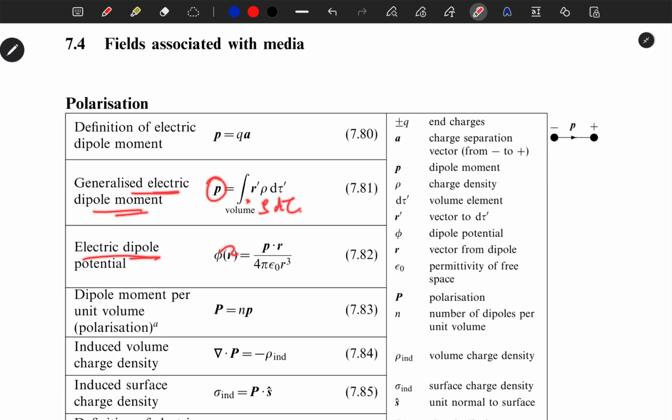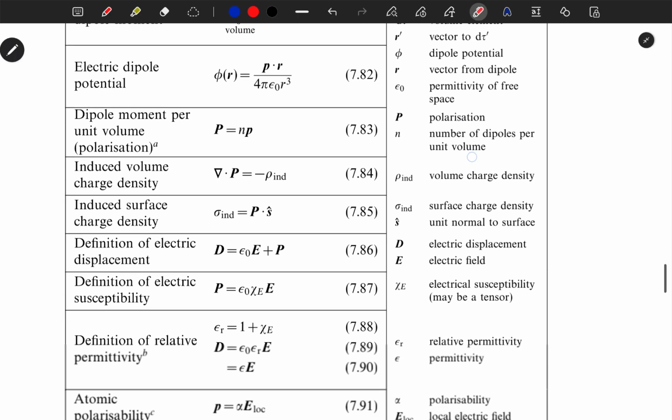Electric dipole potential: phi equals p dot r by 4 pi epsilon 0 r cube. Dipole moment per unit volume: P equals N p, where N is the number of dipoles per unit volume. Induced volume charge density: rho equals minus divergence of P. Induced surface charge density: sigma induced equals P dot n cap.